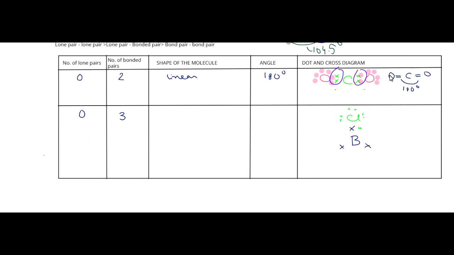Now in this case, you might wonder and say to me, Miss, if you draw the dot and cross diagram, you can clearly see that boron is not getting a complete outer shell. How does that work? You need to realize that now at A level, you can understand that there are exceptions to it.